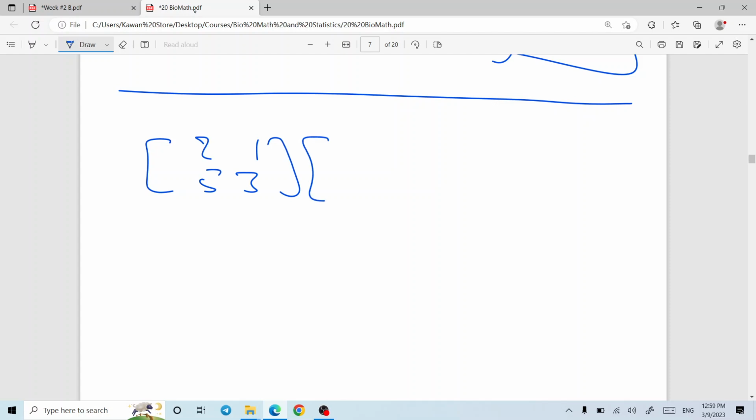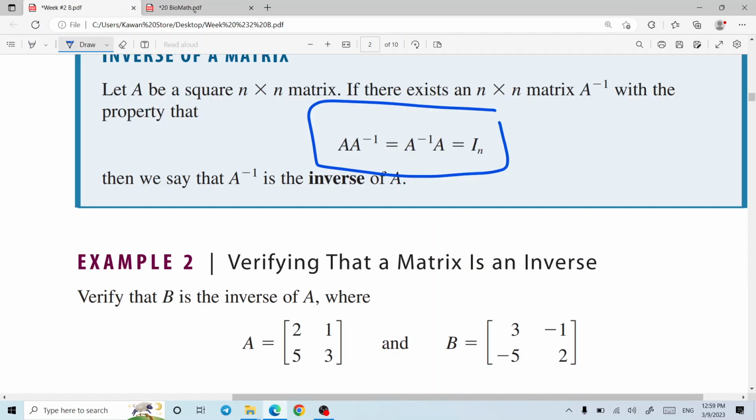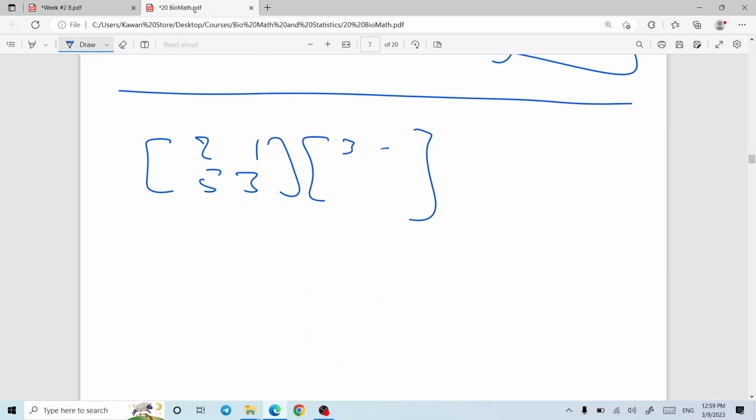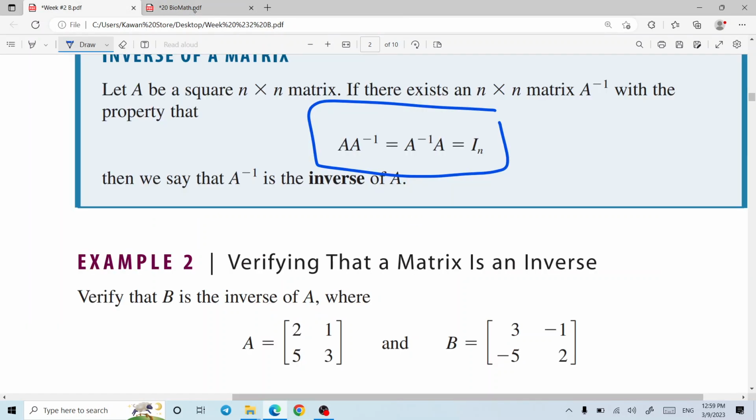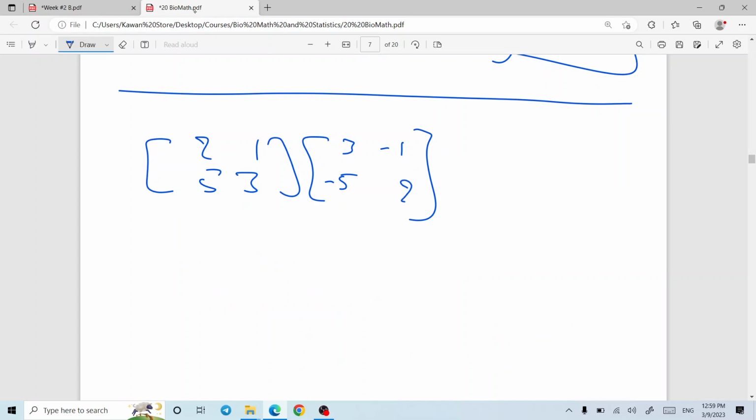I am going to multiply it by 3, minus 1, and minus 5, 2. So to show that A and B are inverse, I just multiply them. I told you before, you don't need to hesitate. Just multiply them. Understood? So multiply them, you'll get what?